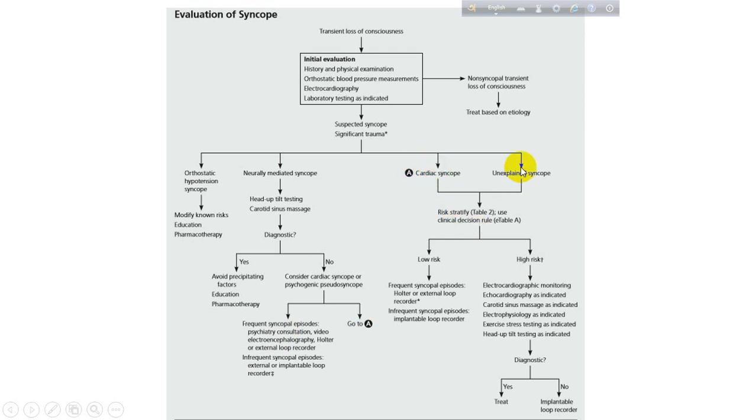And for cardiac syncope and unexplained syncope, risk stratify, which I told you before in the previous slide, shown in the yellow box and green box like this. You should risk stratify from there. If there is low risk and frequent syncopal episodes, Holter, external loop recorder. Infrequent syncopal episodes, an implantable loop recorder should be implanted.